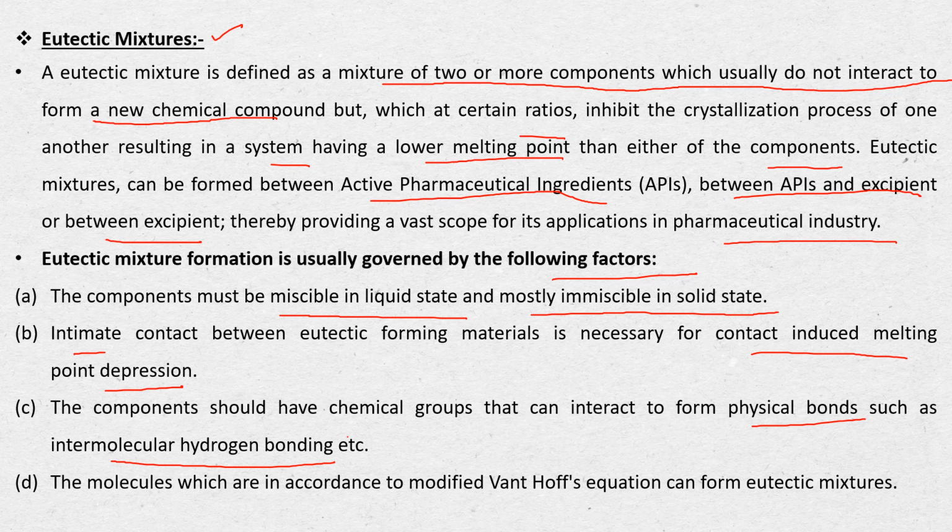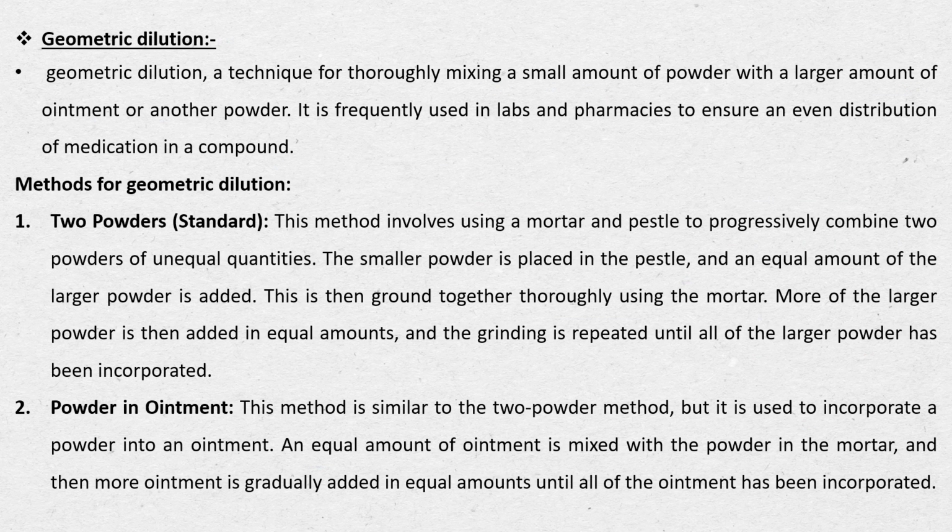Okay. Now we'll see the last part of this chapter, that is geometric dilution. So what is geometric dilution? It is a technique for thoroughly mixing a small amount of powder with a large amount of ointment or other powders.